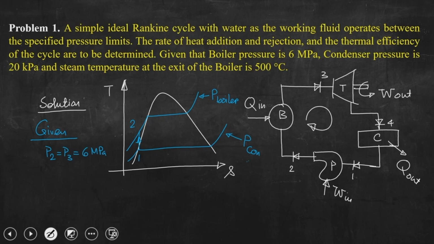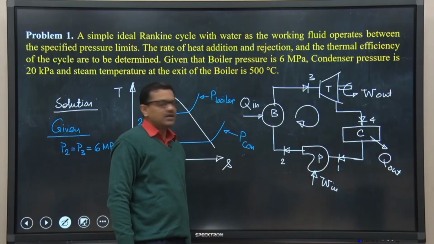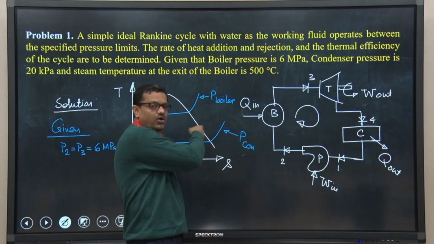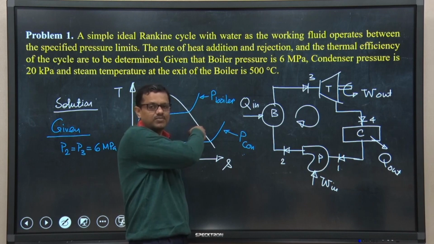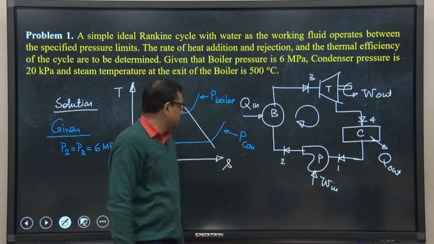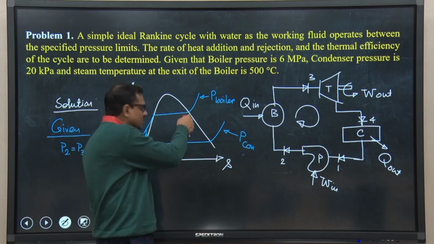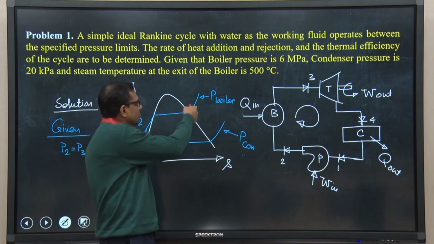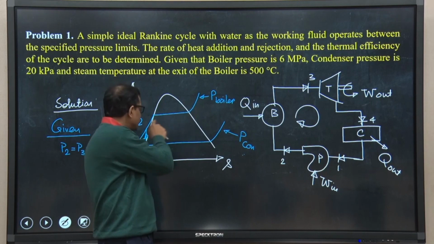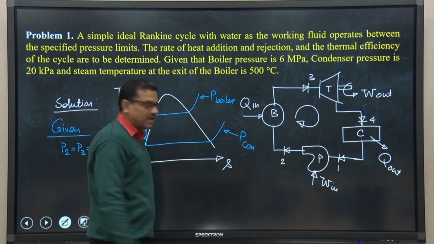Because we could not map the point 3 on this TS plane till now, we are waiting to understand whether 3 would be on the saturated vapor line or in the superheated regime. Either way, it will lie on this vapor pressure line.